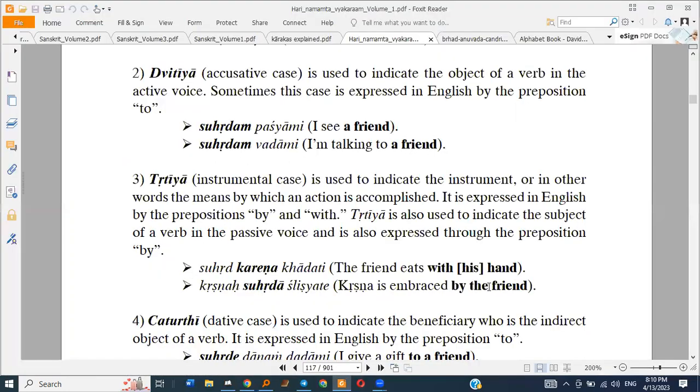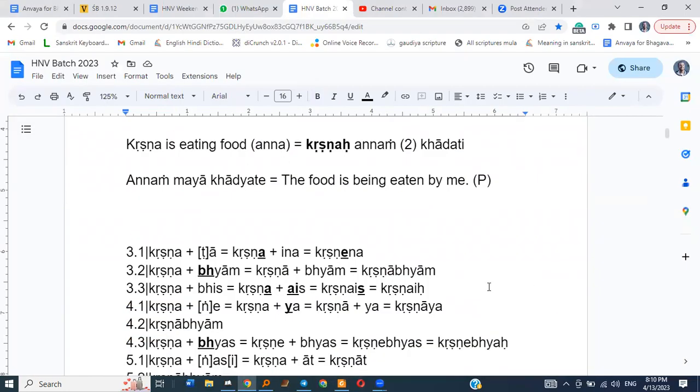For example, Krishna Karena. Kara is hand, and the third case singular of that is Karena. So Krishna is eating with hand.